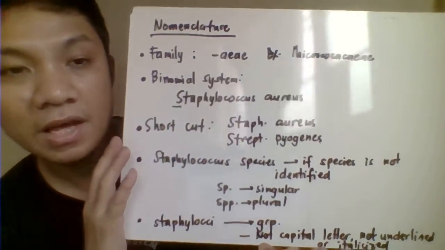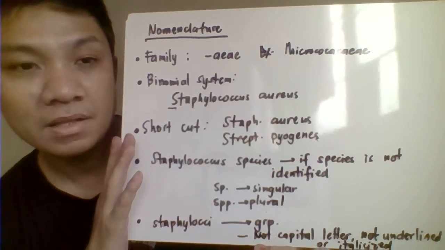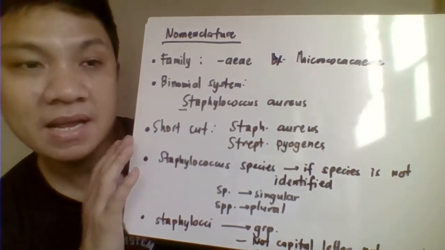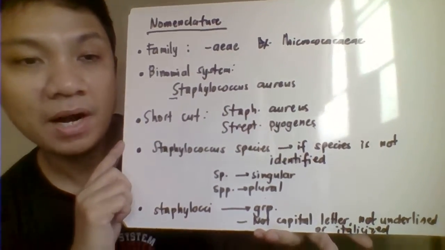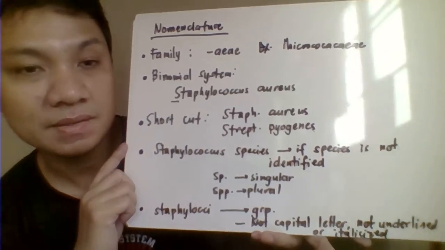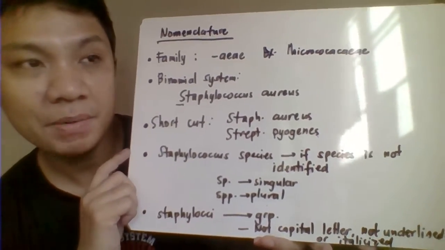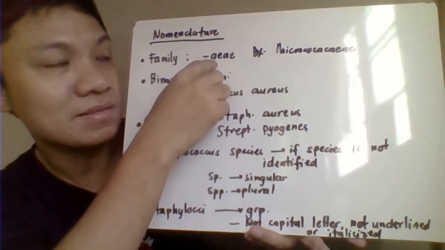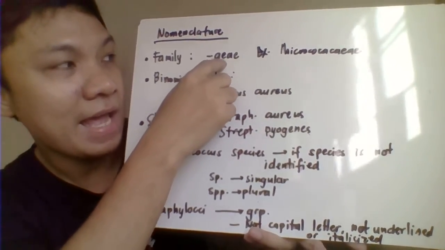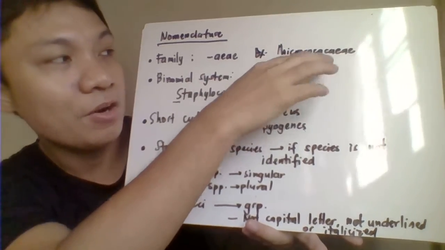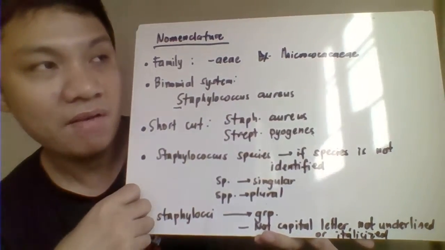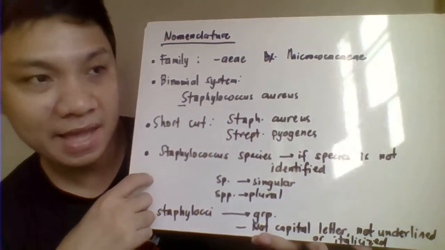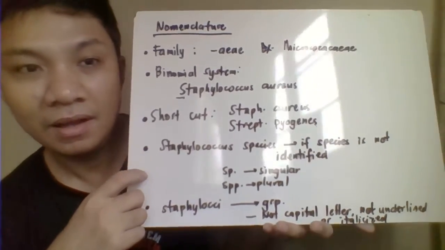Okay, now we go to the nomenclature, or the method of naming or giving names to our bacteria or microorganisms. If you're pertaining to the family, it always ends with the suffix -aceae. For example, Micrococcus, the family of that is Micrococcaceae.